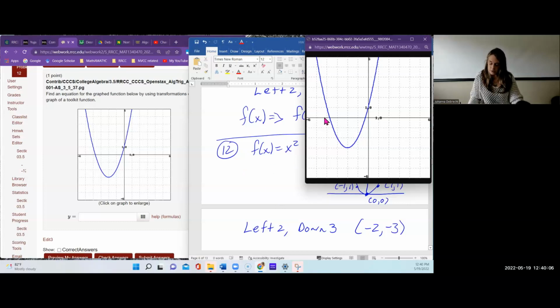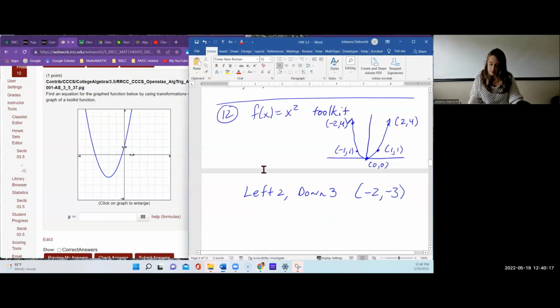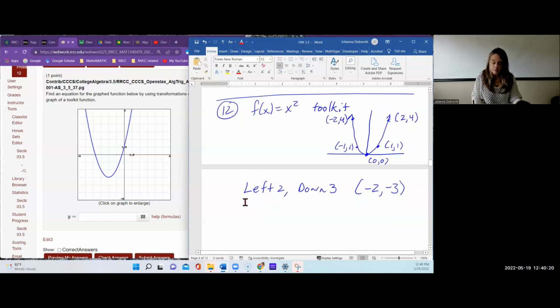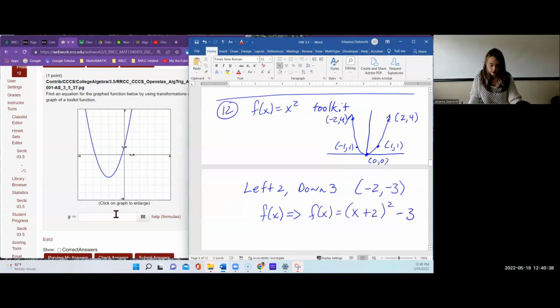Now we're going to look at this one. Notice that there's been no reflection because it still opens up. So we have no negative multiplied on the outside of the square or a negative multiplied by x on the inside. All that's happened is that we have picked it up and put it down somewhere else. In order to get it shifted to the left, we're going to transform our x and write f of x is equal to x plus 2, since it went left 2, and minus 3 outside the square, since it went down 3.